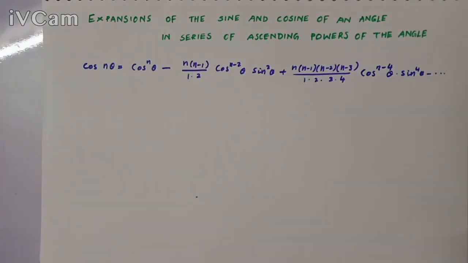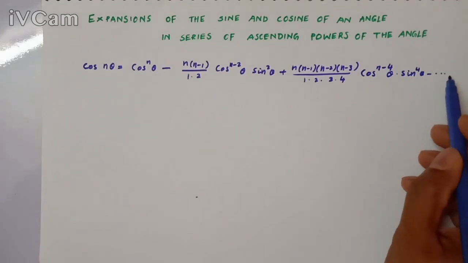The sum on the right hand side contains only n plus 1 terms. So this must terminate.